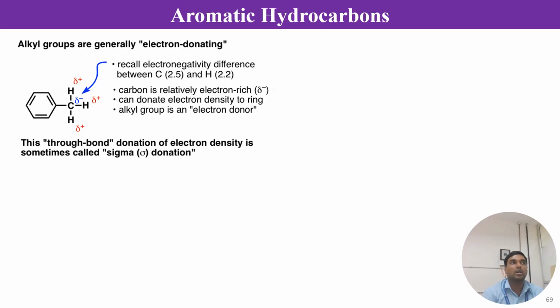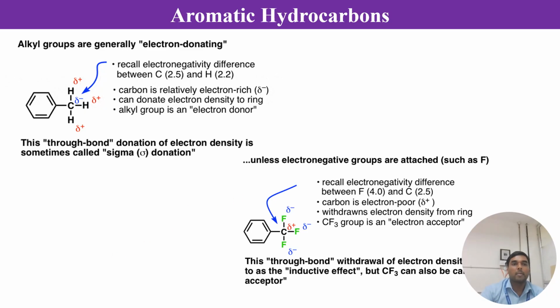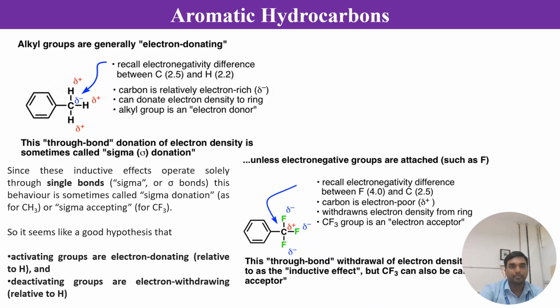Because alkyl groups have the inductive effect, electron rich species, so they push the electron density towards the benzene ring, and that's why benzene is highly active. Whereas electron withdrawing groups withdraw electron density from the benzene ring, and that's why it becomes less nucleophilic, and in that case it cannot accept the carbocation or electrophiles from other systems. So basically activating groups are electron donating groups and deactivating groups are electron withdrawing groups.